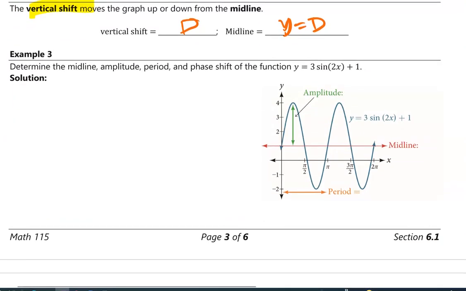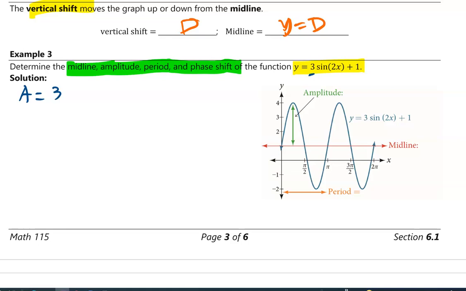So example number 3 here, let's determine the midline, the amplitude, the period, and the phase shift of the function y equals 3 sine 2x plus 1. So here, let's identify A, B, C, and D. A is 3.